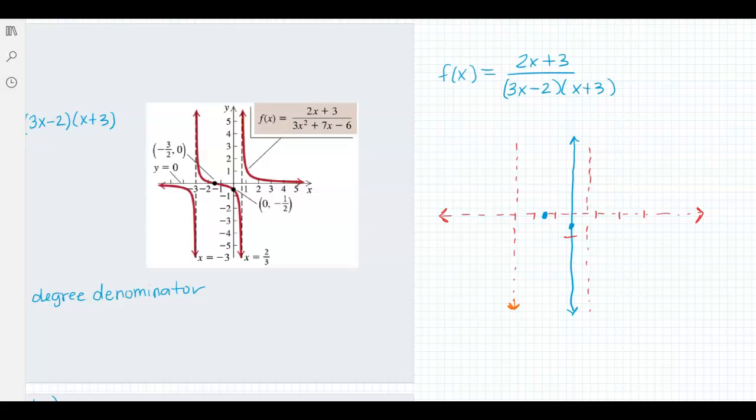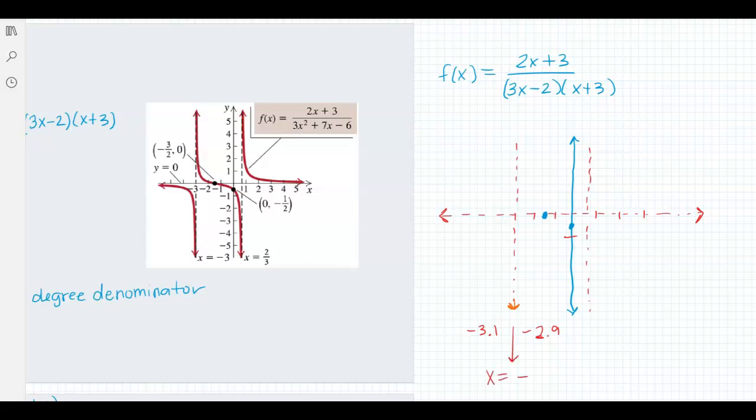So that one was at negative 3. So I'm going to plug in, let's say, negative 3.1 and negative 2.9. Those are points that are just to the left and to the right of that asymptote.